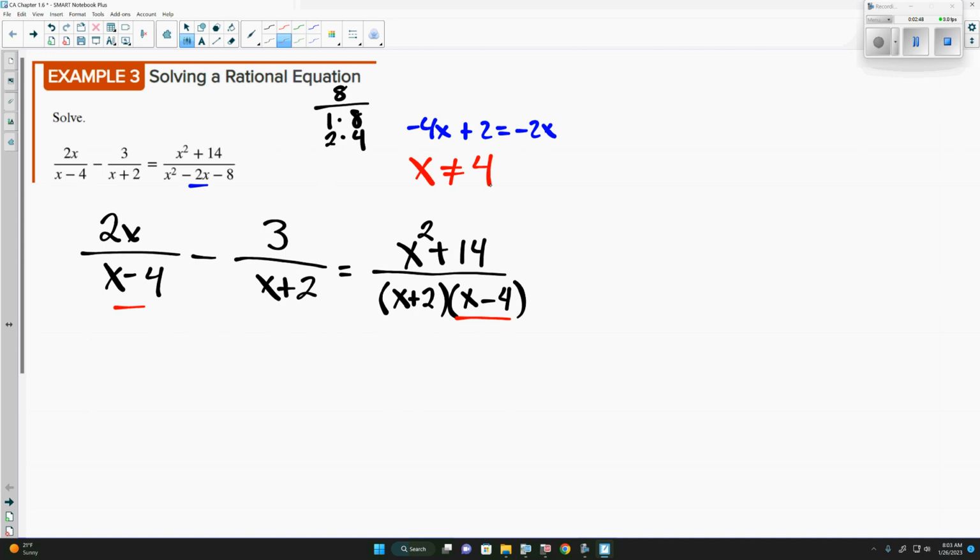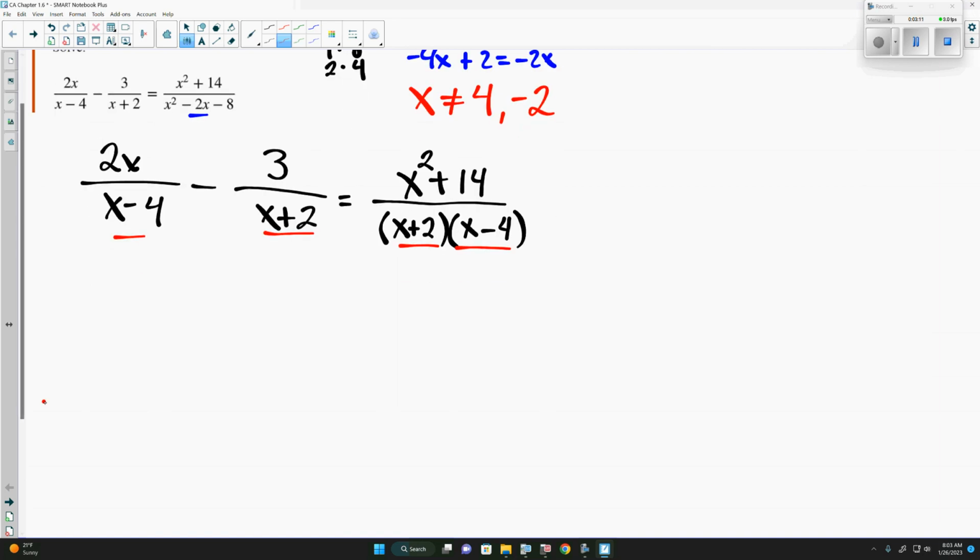So if we get a solution where x is equal to 4, we know automatically it won't work because it would make one of the denominators 0. With x plus 2, that would be negative 2, because negative 2 plus 2 is 0. So 4 and negative 2, if either one of those come up as solutions, we can throw them out. They don't work. Questions on this so far about the restrictions or how we have this set up?